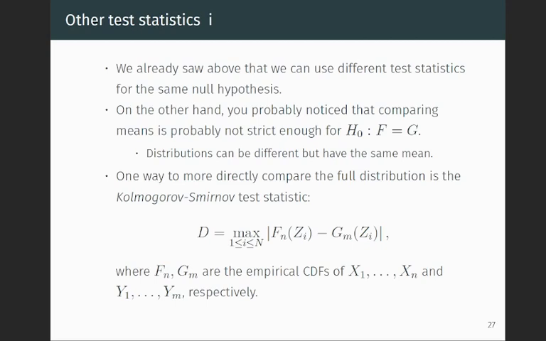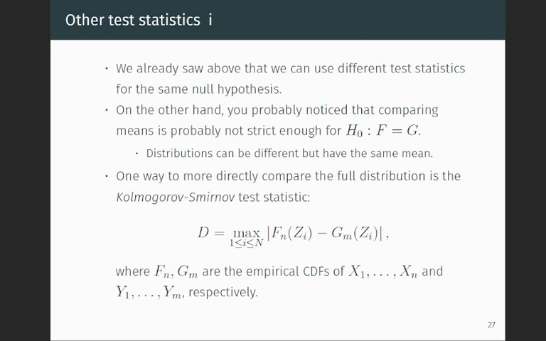And here I'm giving you the test statistic equation. We're going to call it D, and it's defined as the maximum of the absolute differences between F_n(z_i) minus G_m(z_i), where F_n and G_m are the empirical CDFs, and z_i refers to all capital N observations. So in other words, x_1 to x_n and y_1 to y_m.